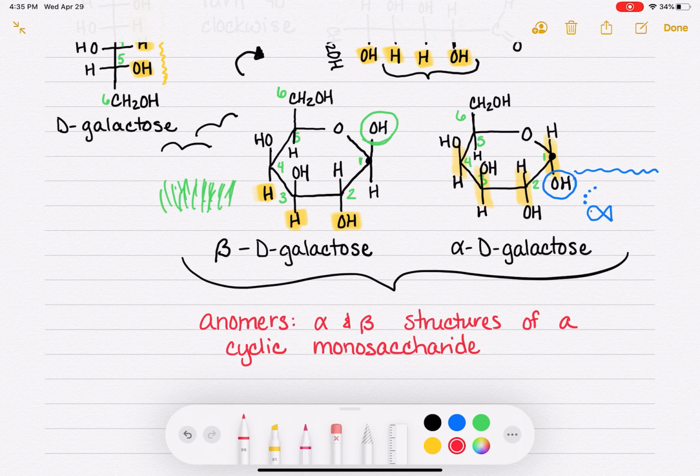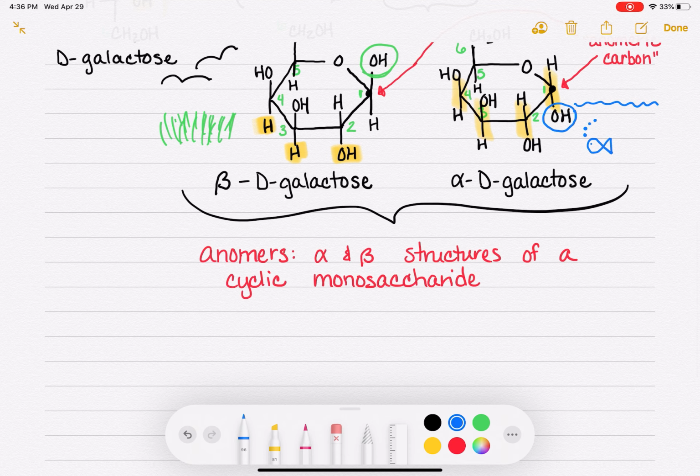So you could hear something like, draw the alpha anomer of this molecule, or draw the beta anomer of this particular molecule. In addition to calling these 2 molecules anomers of each other, the carbon that dictates whether it's alpha or beta, carbon number 1, is referred to as the anomeric carbon, because that is the carbon that is making the decision about whether the molecule will be an alpha or a beta. So we call that the anomeric carbon.